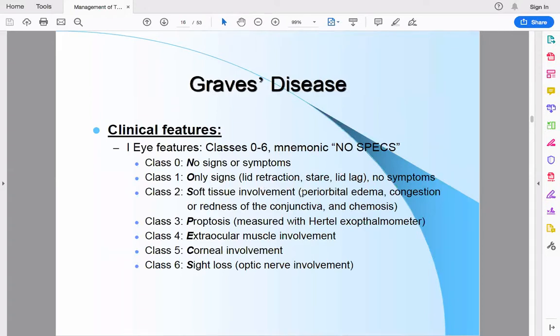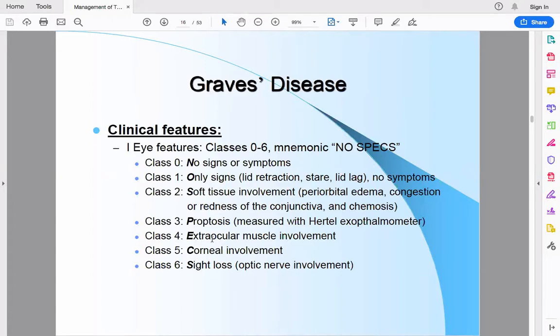It can be periorbital edema, redness in the conjunctiva, chemosis. It can be proptosis, which is probably the classic symptom for eye involvement in Graves' disease. So basically, you feel that the eye is bulging out of the eyeball area.